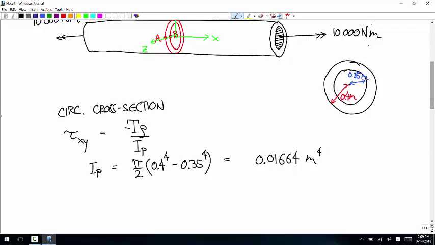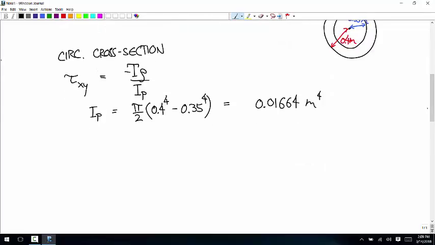The internal torque at that point, well, we can cut it right at the location that we want, so we'll be skipping all this stuff out here, including that torque.